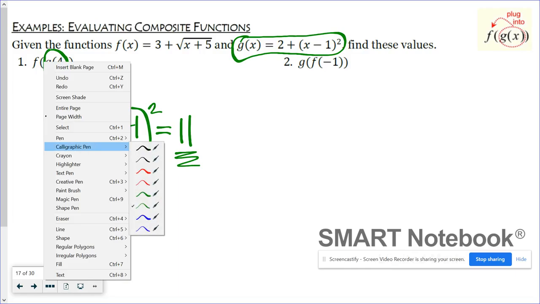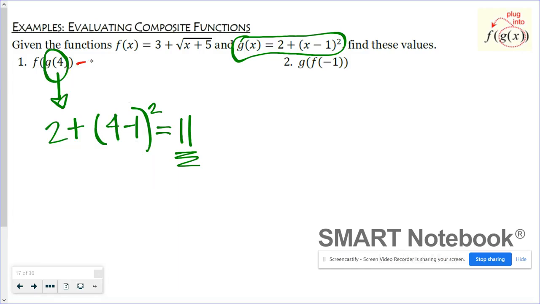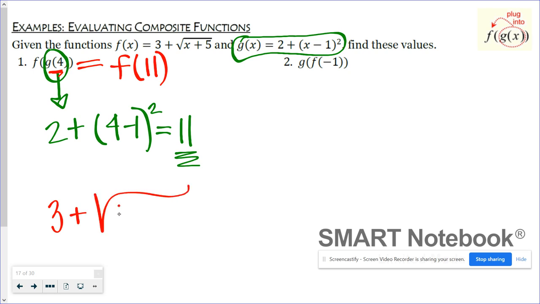So this is now f of 11, because the inside, which was g of 4, we got 11. So now I'm just going to figure out what is f of 11. f is the function 3 plus the square root of x plus 5. So I'm going to go 3 plus the square root of 11 plus 5. Okay, and I get 7, and that would be my answer.